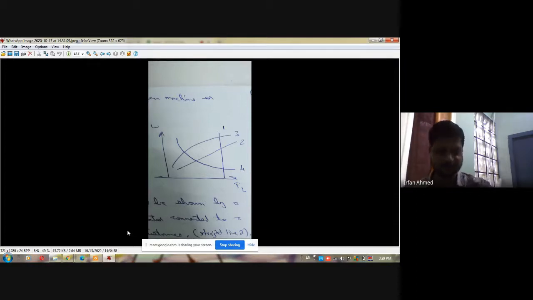Is this clear? Example: a DC generator connected to a load of constant ohmic resistance. Think about it. In case of a DC generator, if you increase the speed, what happens?